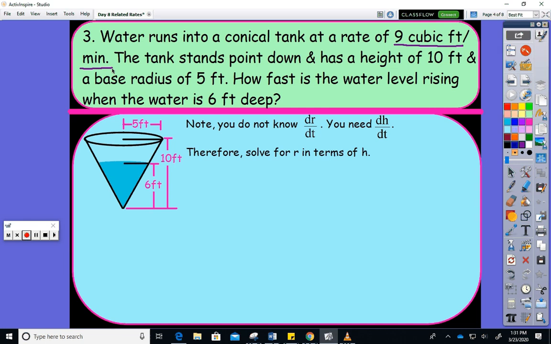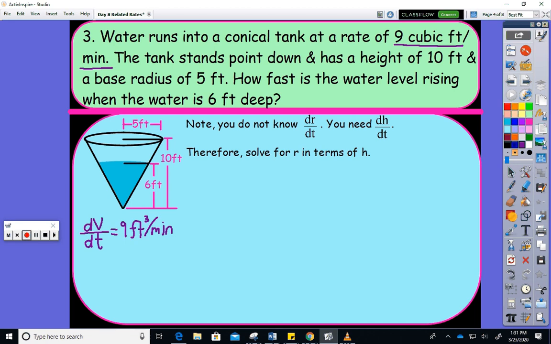Because it's cubic feet, that's measuring volume, so that must be the rate at which volume changes with respect to time. And in math language, that's dV/dt. So now I can say 9 cubic feet per minute. All right, so let me keep reading the problem.